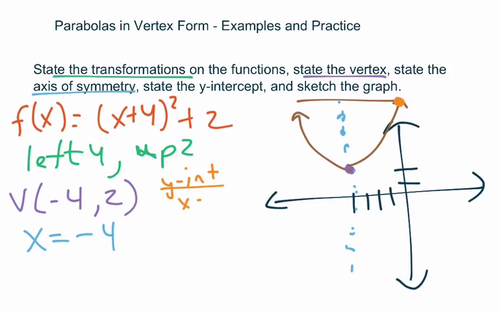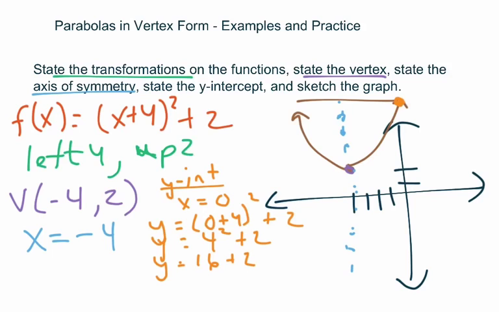Let's go ahead and plug in x is 0. So notice that I am changing the notation up, okay? I'm using f of x here, but I am switching it over to y, and you are welcome to do that anytime. 0 plus 4 is 4. 4 squared is 16, and 16 plus 2 is 18.